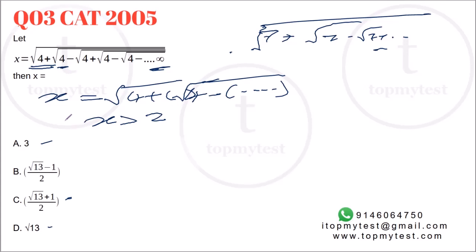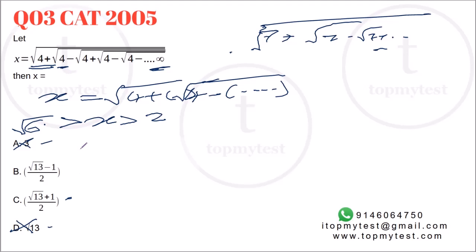Which means the upper bound of x should be square root of 6: 4 plus root 4 is 4 plus 2, which is 6. But the resulting number has to be less than 6. So the value of x should lie between 2 and root 6. Now this is out. This is out. Options A and D are out.